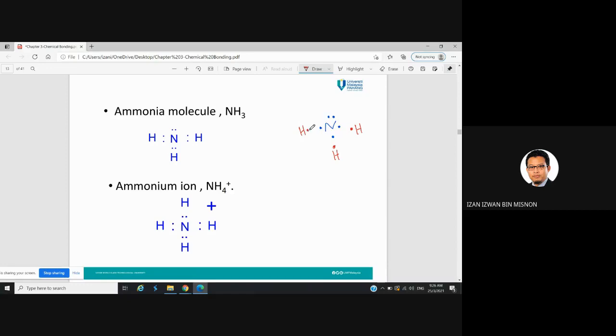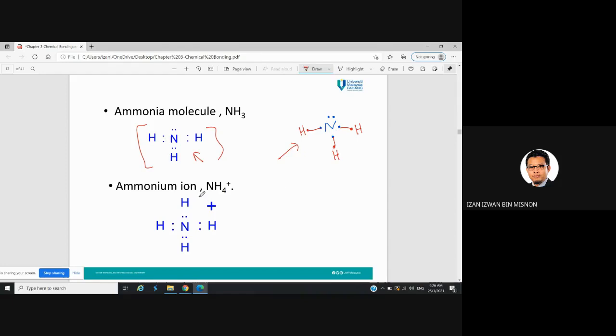Okay, so the sharing will be like this. So either you may write it using the Lewis structure like this example, or you can draw it using the bond structure. It is similar.